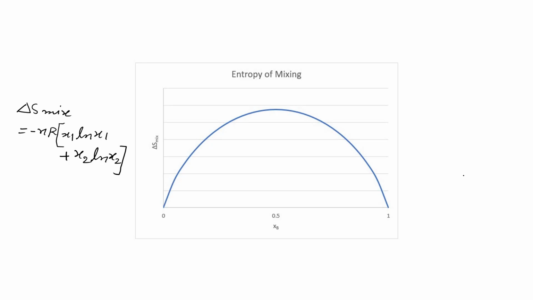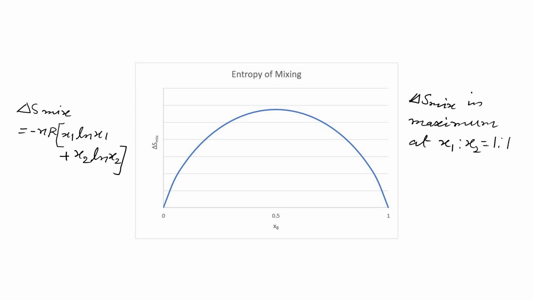In the same way, just refer to my earlier video, same calculation, same derivation, we can derive that here this delta S mixing is maximum at X1 is to X2 equal to 1 is to 1.